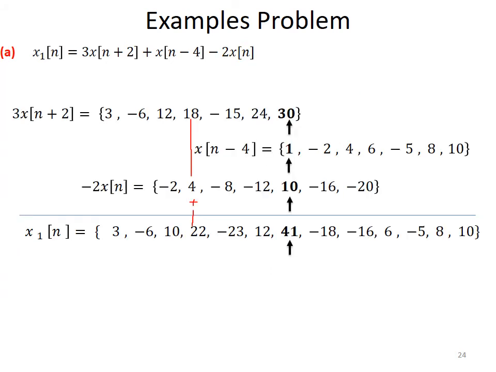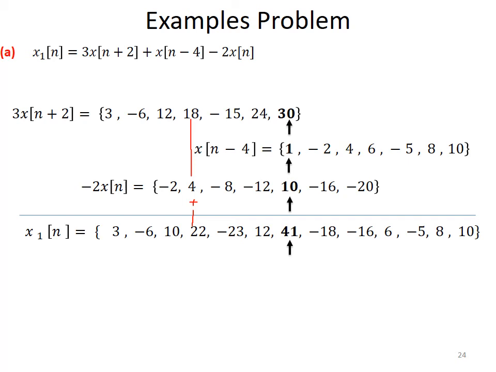Now we have 3x of n plus 2, x of n minus 4, and minus 2x of n. We have to add these together, but for addition we have to add those samples which have the same index value. Same index value means they appear at the same time instant. For example, 30 here appears at n equal to 0.